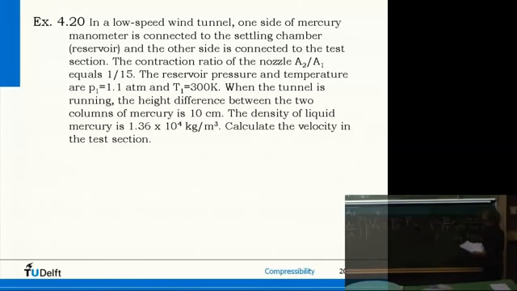And please don't mix up density. So this is of course the density of the air going through. We use the density of the mercury in the manometer.